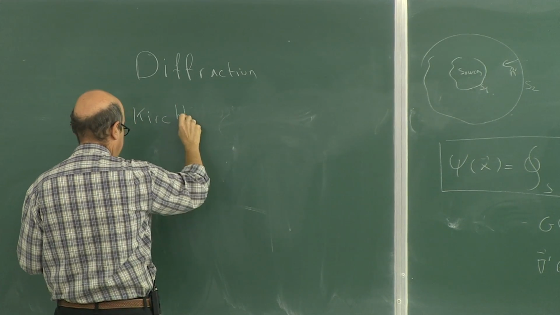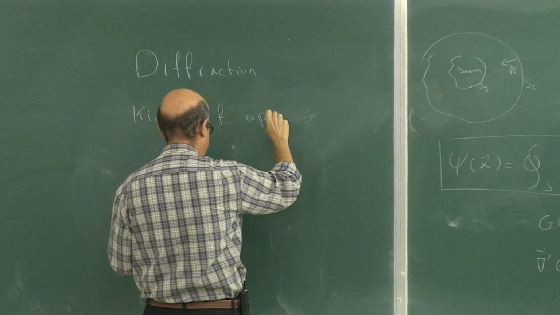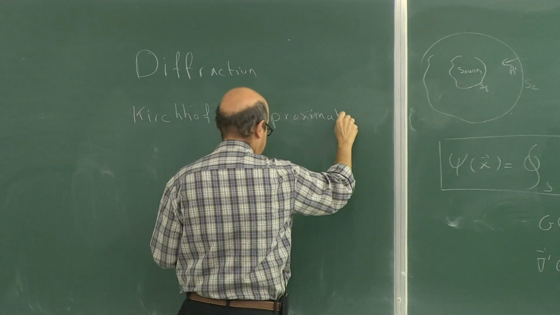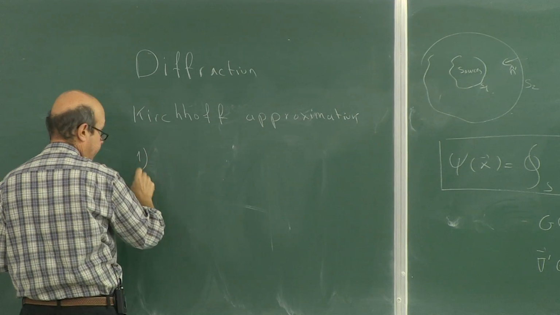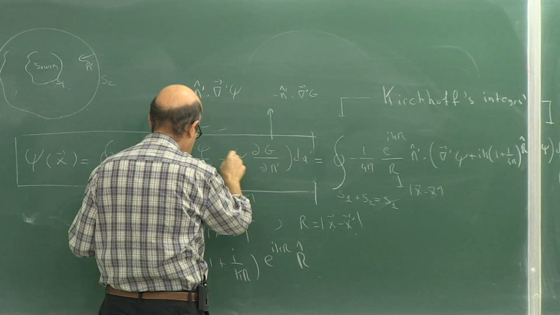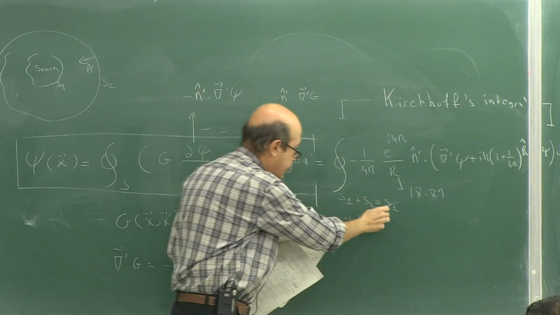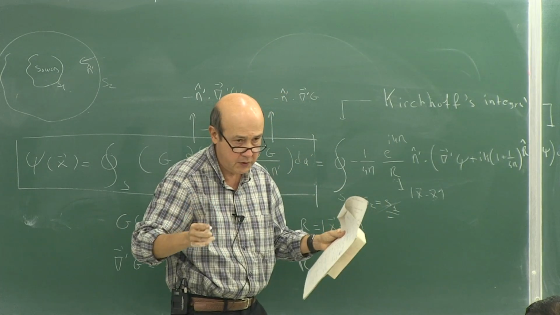Kirchhoff's approximations. One, what you need here is psi or the derivative of psi at S1. S1 is the region where you have the apertures.